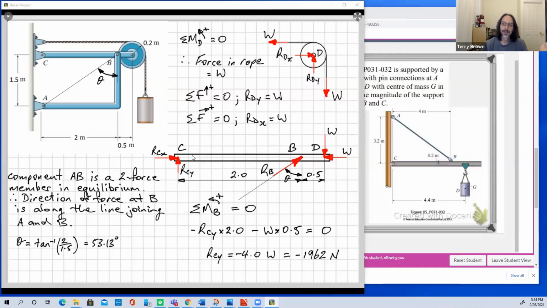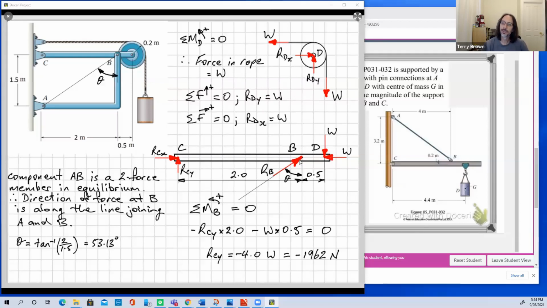C, right? The usual thing is to take moments about C. You see the two unknown reactions here, oh, take moments about C. I looked at my problem and I thought, oh, hang on a second.